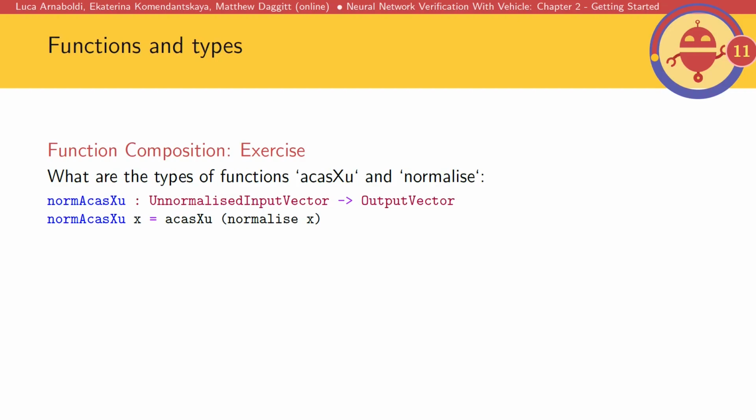Of course, if you have functions, you must be able to compose them. Otherwise, why do you even have functions? And so this is a function that's defined by composition. So normAcasXu composes the function acasXu and normalize. Could you partly infer for me the types of functions acasXu and normalize?